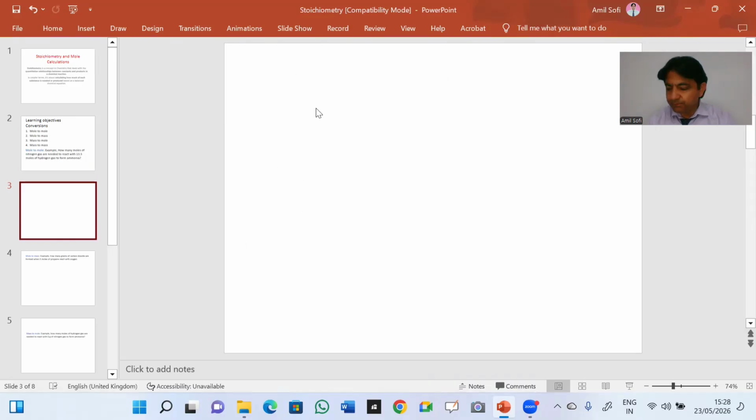First things first, we will write a chemical reaction. Let's see, H2 gas plus N2 gas gives NH3. So this is the chemical reaction. Now we will balance it.